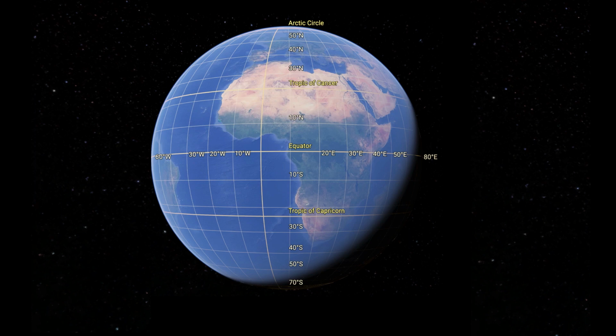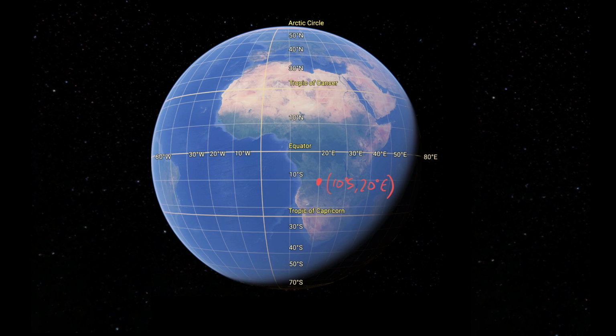So for example, if I had this point here, I'm going from the equator, it's 10 degrees south, and then from the Greenwich meridian, it's 20 degrees east. So that's how I could identify that coordinate there.